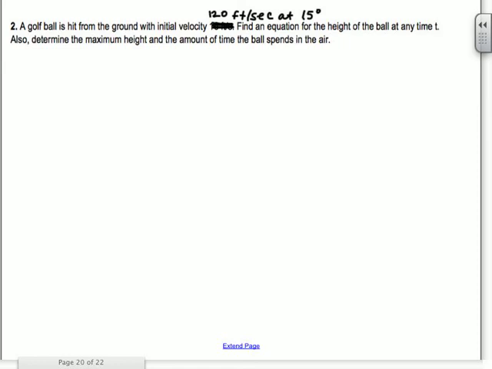We're going to find an equation for the height of the ball at any time t. We're going to determine the maximum height, the amount of time the ball spends in the air. Also find the horizontal distance the ball has traveled.